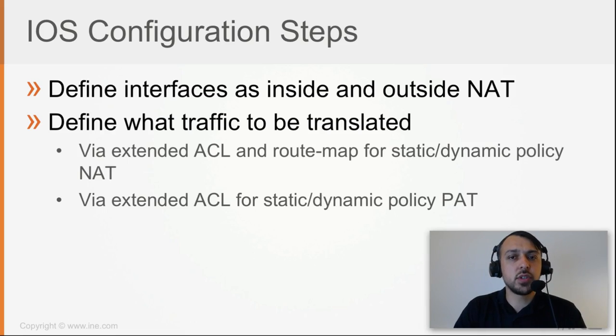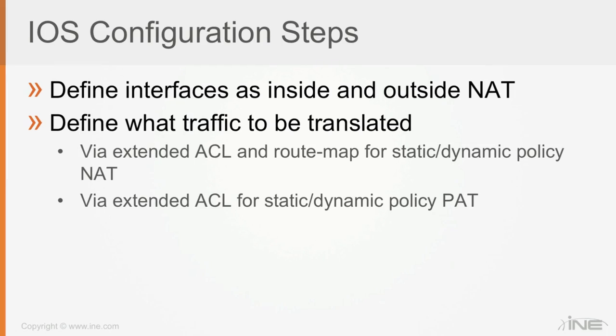I'm going to show it in the configuration, but if you want policy NAT, which means a source is going to be NATed differently based on the destination, we don't want that one-to-one mapping to be done, because if it is, then I cannot NAT the same source in multiple different ways. I'll explain it when we get to the configuration side, but to keep it simple, if you do policy static or dynamic NAT, you have to match the traffic to be translated with an extended ACL and call that ACL in a route map. If you do static or dynamic policy PAT, then an extended ACL is going to be enough.